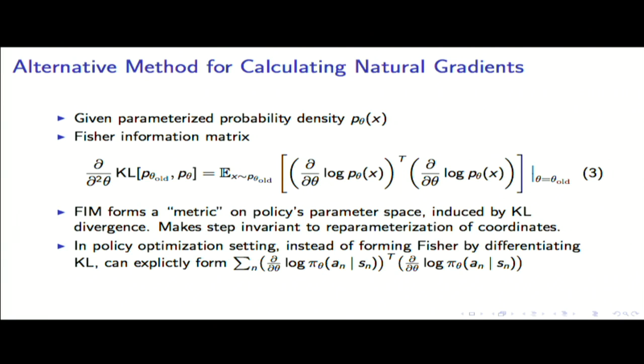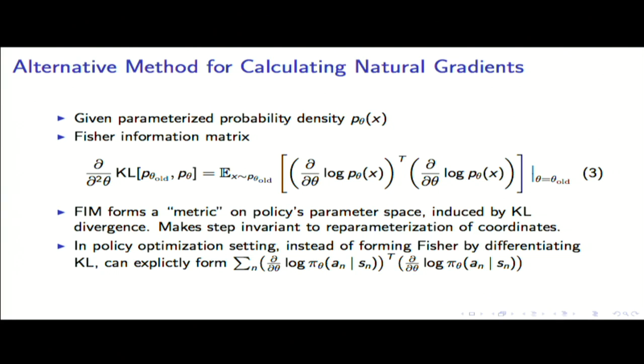In the policy optimization setting, instead of forming our Fisher information matrix by differentiating KL twice, we can form it by taking the gradient of the log probability, doing the outer product of that, and summing those up, or actually taking the average. This gives us the correct expectation. It's going to give us a different finite sample estimate, but it has the correct expectation.